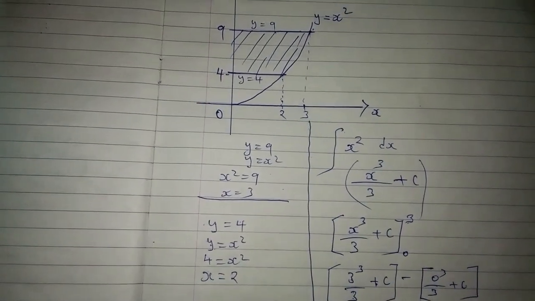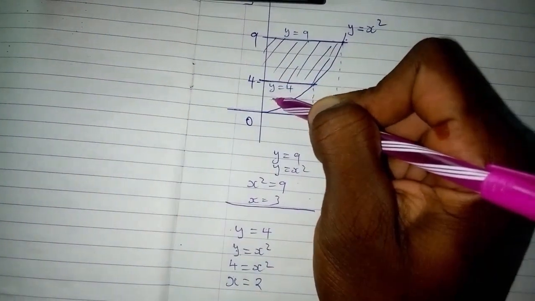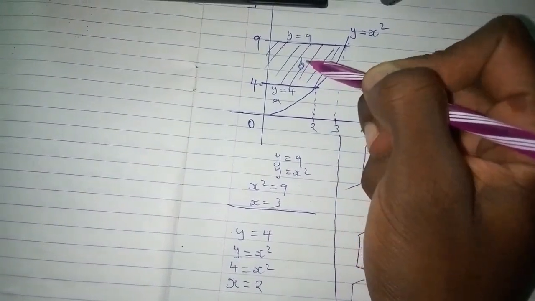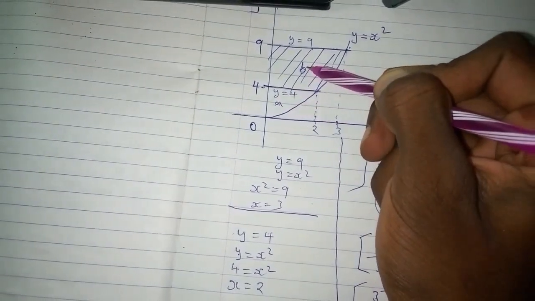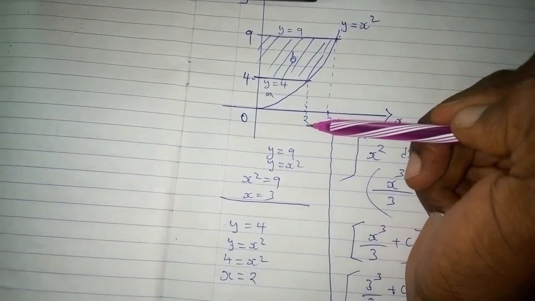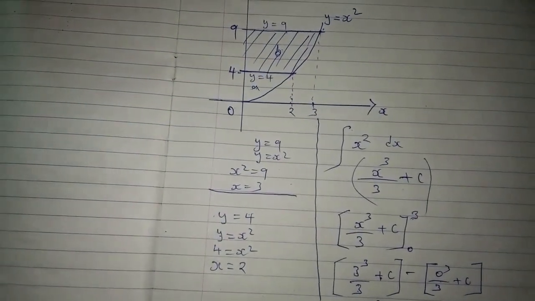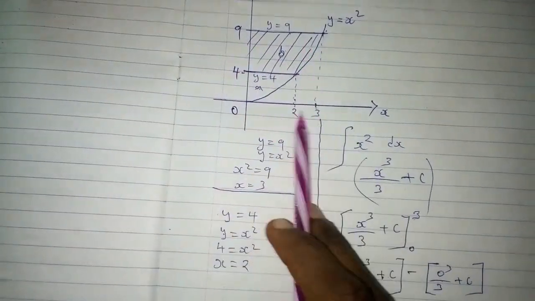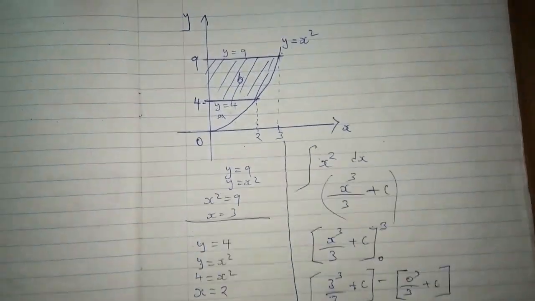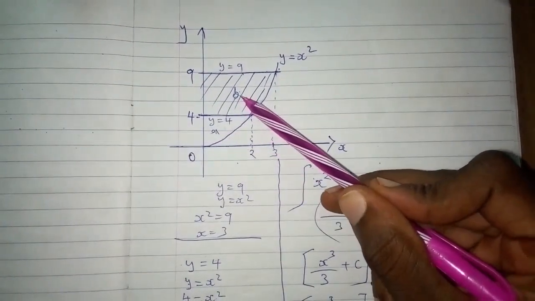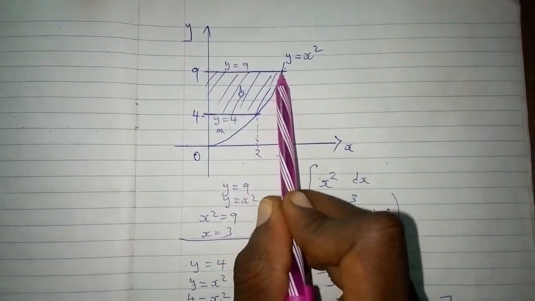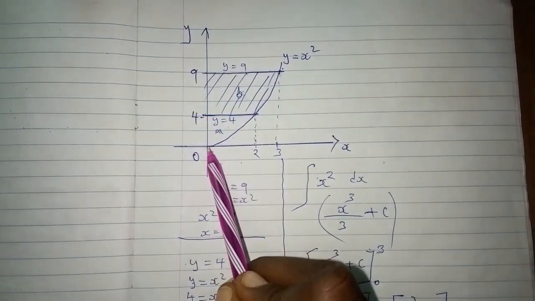Next, let's say this is region A and this is region B. So we have region A and region B, and remember B is this region here and A is this region here.